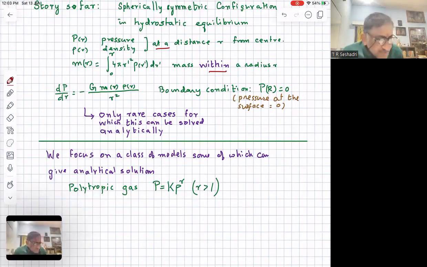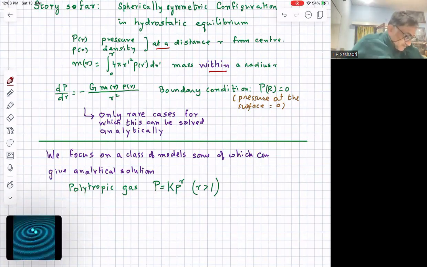So if the pressure inside the star at the surface is not equal to zero, then there is a pressure imbalance. In order to make sure that there is an equilibrium, I need the pressure on the surface to be zero. Is it clear? Yes, yes.